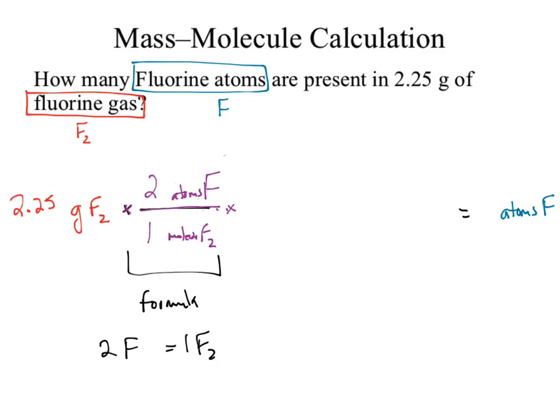Okay? So, what do you want to get rid of now? Grams. Okay, you want to get rid of grams. Grams of what? F2. Okay? I heard moles of F2. We did not get rid of F2.